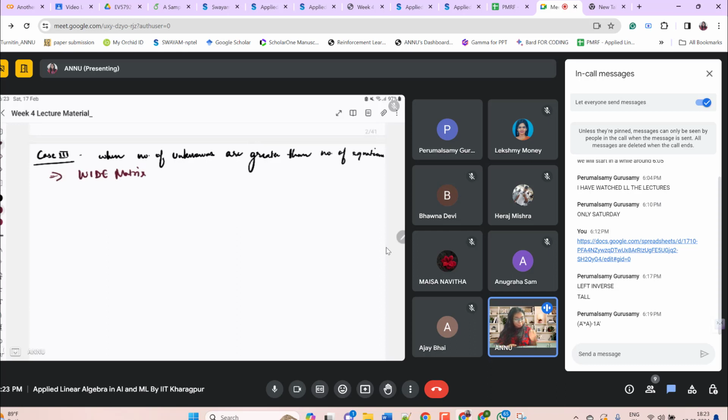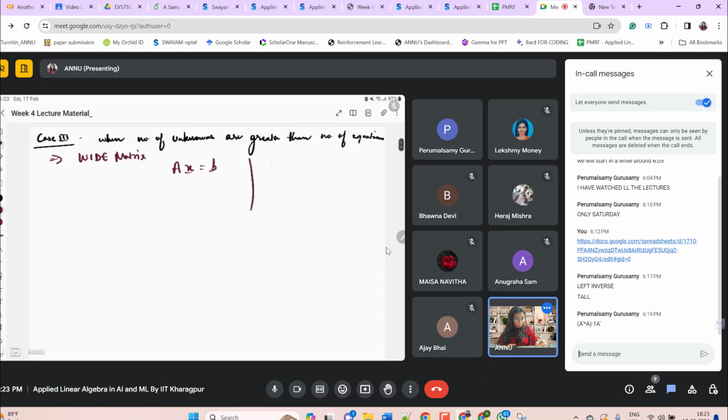Again here it will be AX equals B. A wide matrix means 2x1 plus 3x2 plus 4x3 equals 1, and 3x1 plus 5x2 plus 7x3 equals 2.